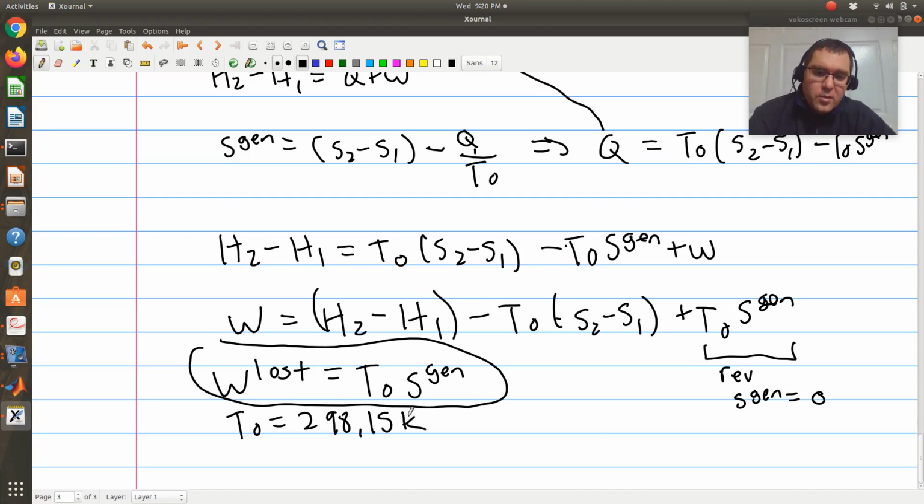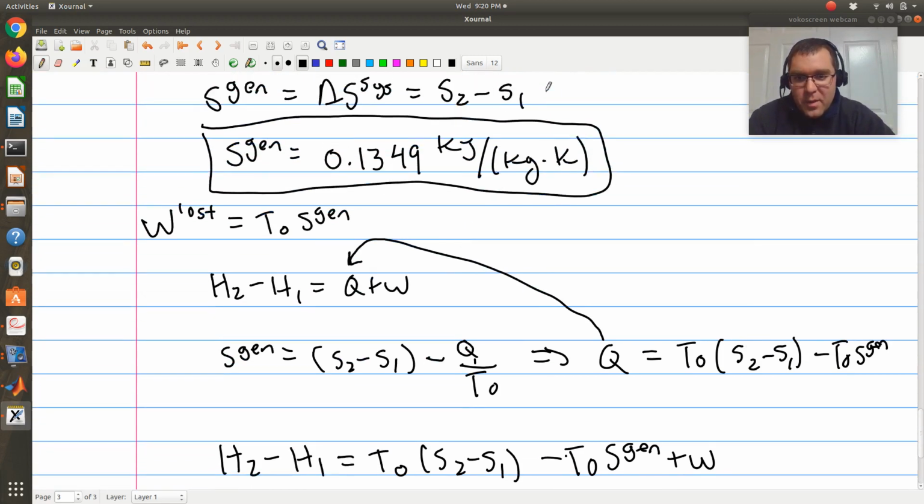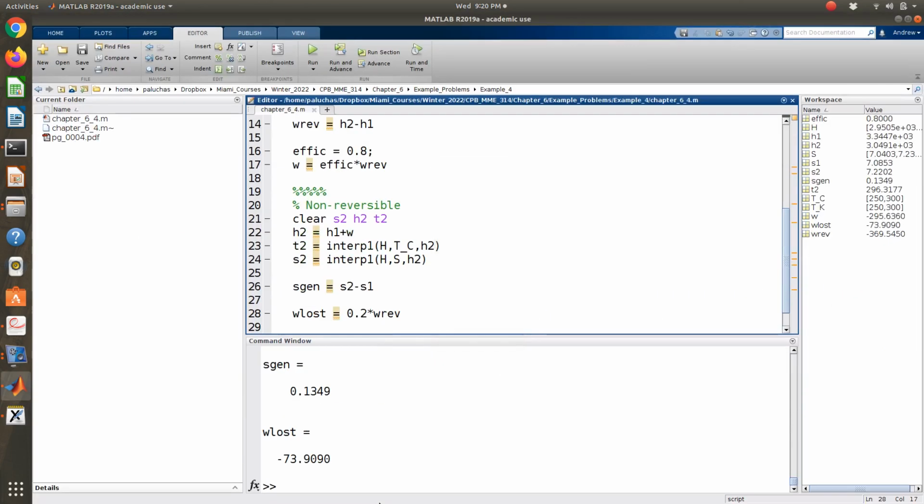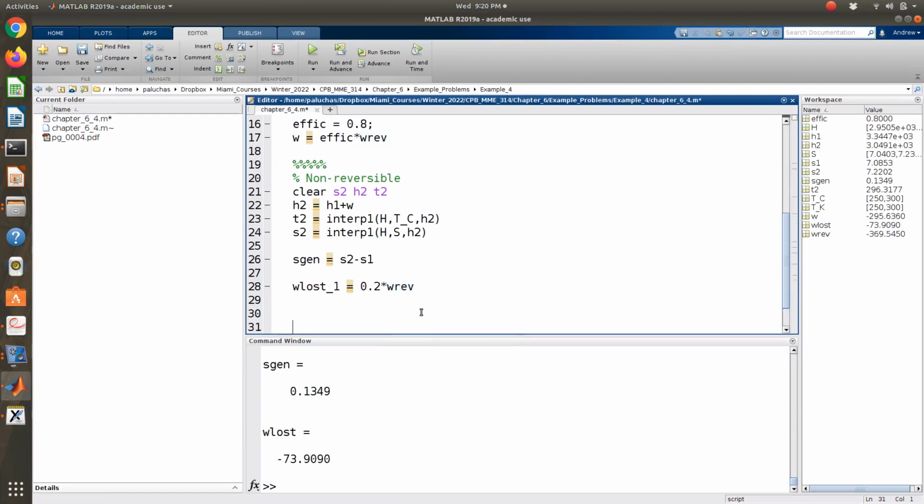With that T naught and our calculated value of S gen, they could estimate a W lost. I still have this open, so I'll call this T loss 1, what I called it before. But for W lost I need a T naught of 298.15.